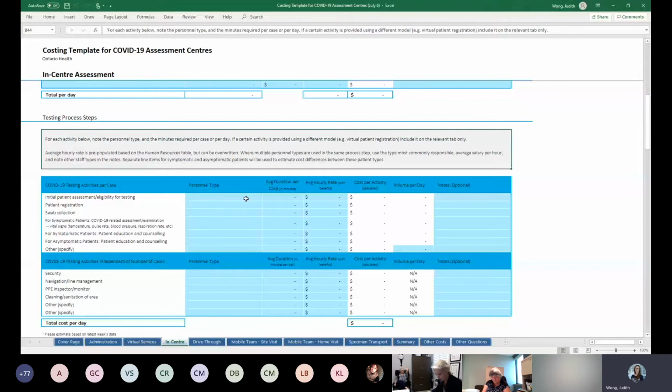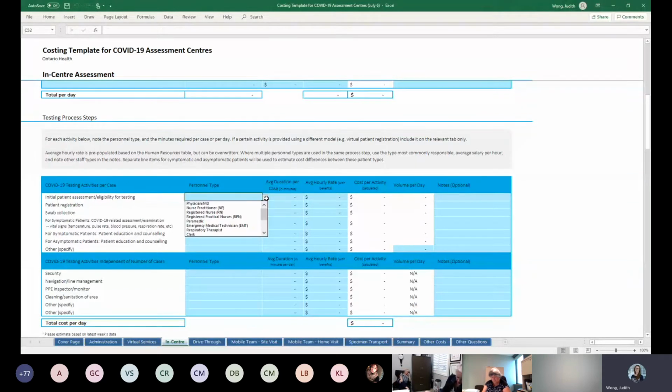So if it is usually a nurse, you would put nurse. You would note that it is sometimes this list of other staff types. You can give us the percentages as well for additional precision. It is not mandatory. And then you would adjust your average hourly rate to reflect that staff mix.